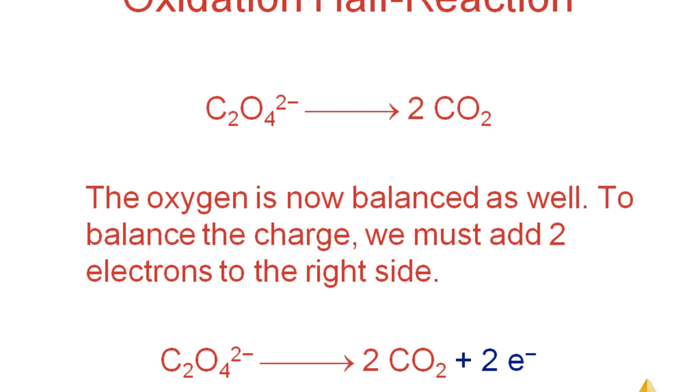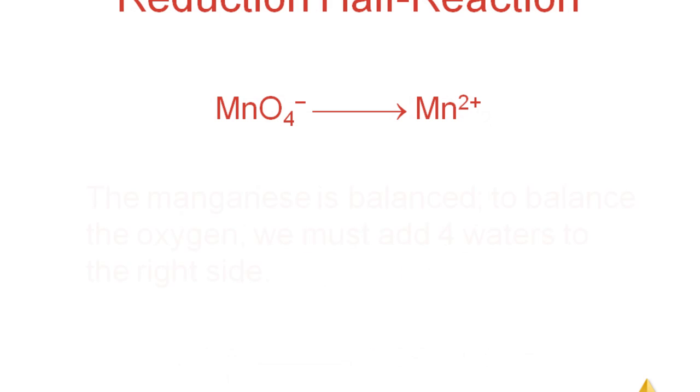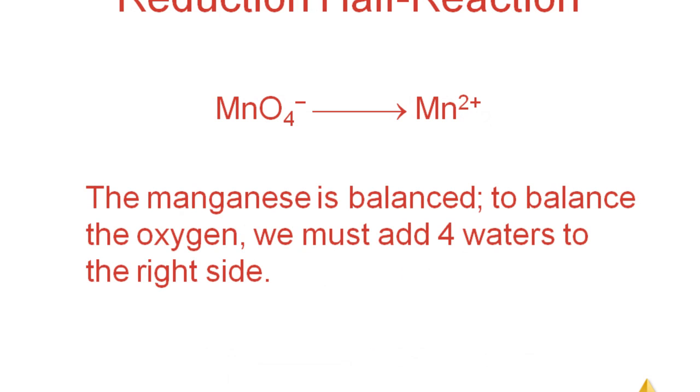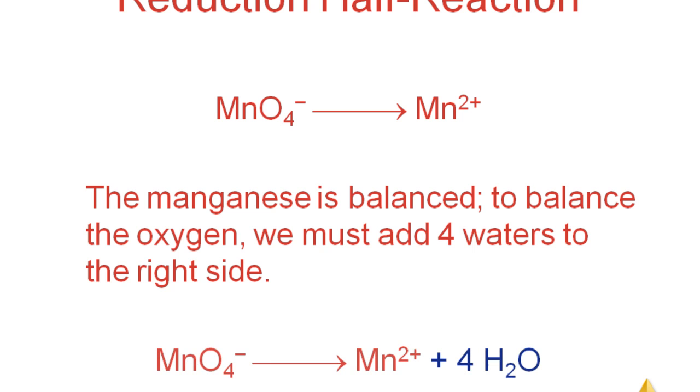Now let's pick up the reduction half reaction, which is MnO4 minus giving Mn2 plus. Of course, Mn is balanced, but oxygens are not balanced. What do we use for balancing oxygen? Water. So we have to add 4 waters to the right side to balance the number of oxygens.